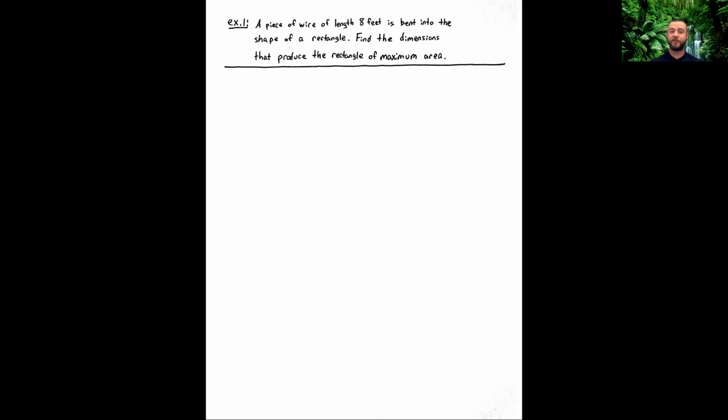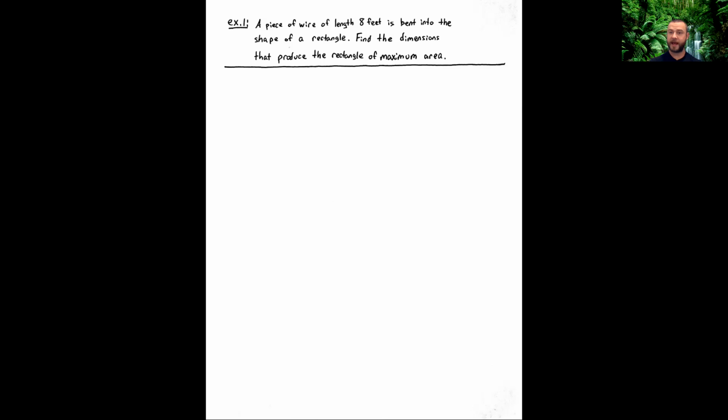We want to find the dimensions that produce the rectangle of maximum area. Looking at the very last 2 words, what we're trying to do is maximize area. So through those various steps, we want to find a function, formula, or equation that says something about the area of a certain rectangle.